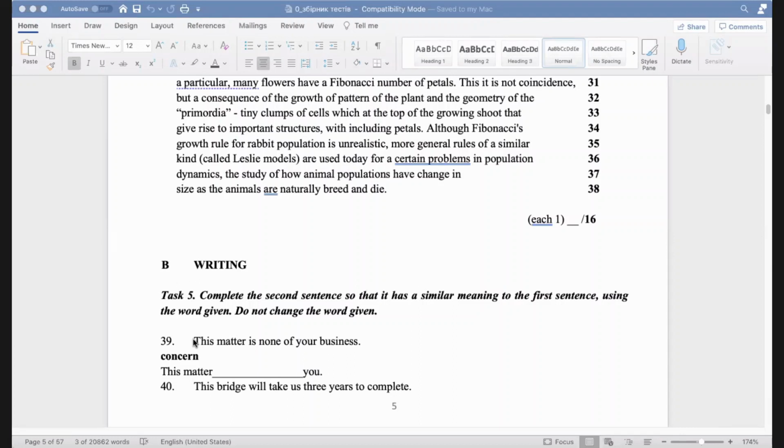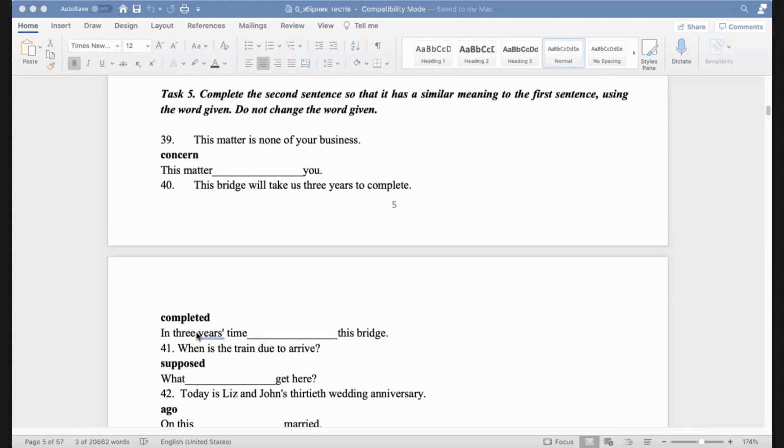So who knows the answer? Just turn on your microphone and try to build the new sentence, okay? Maybe the matter must not concern you. Must not, or just must not concern you. Yes, could be. Or just doesn't concern you. It doesn't concern you, yes? Okay, easy.